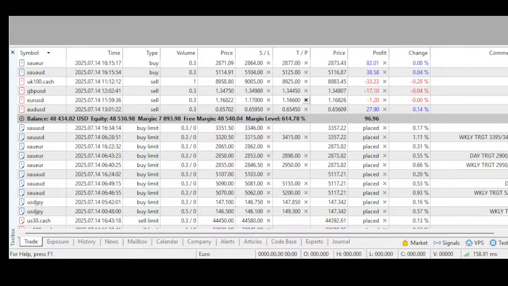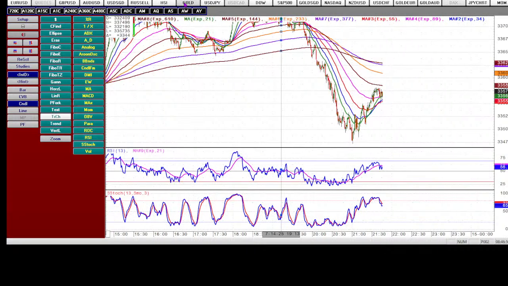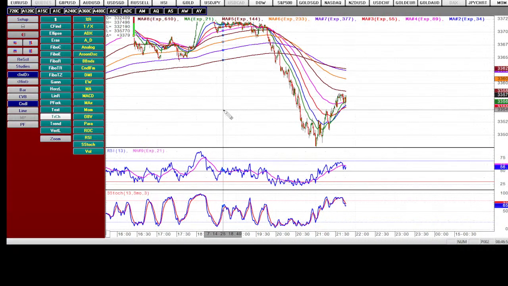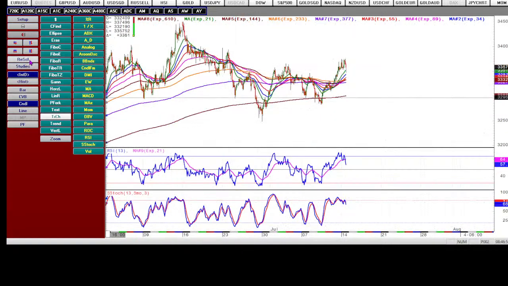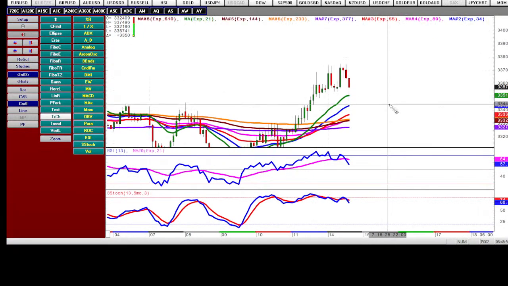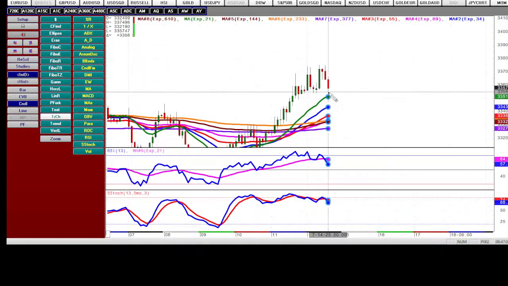Okay, so now let's see the gold US. If you look at a 2-hour chart, it looks like the correction down is over, and we should see the price moving towards 65.